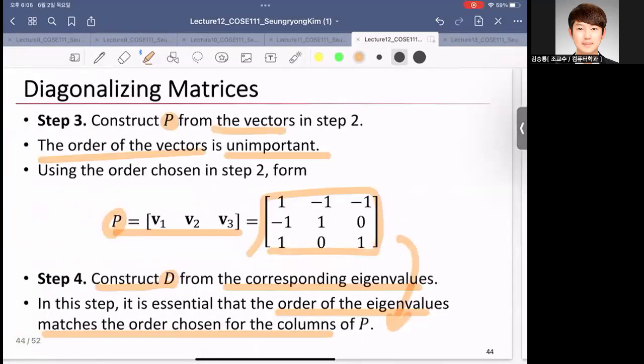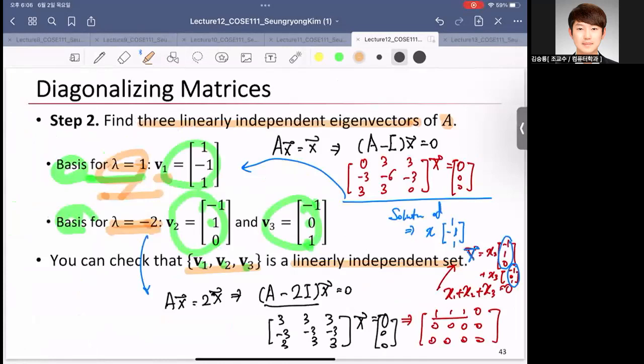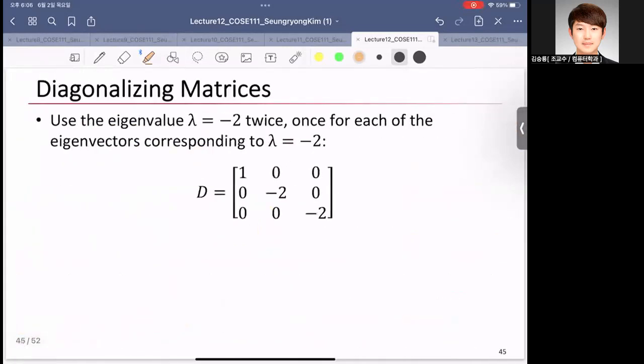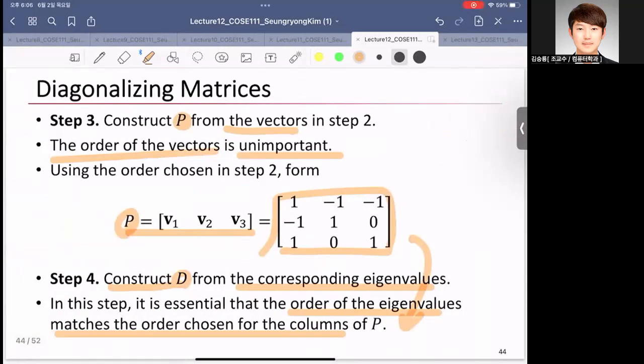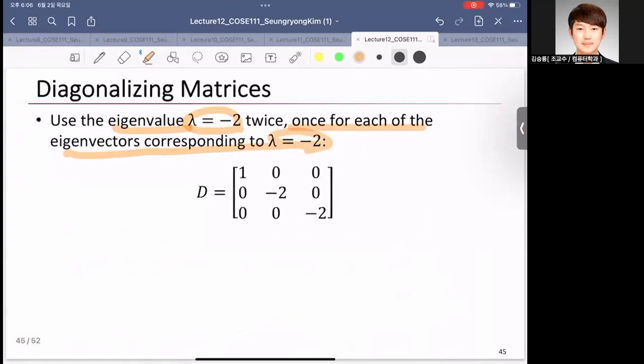We already know eigenvalues 1 and negative 2, but interestingly, we use the eigenvalue lambda equal to negative 2 twice, once for each of the eigenvectors corresponding to it, because these two eigenvectors have the same corresponding eigenvalue, so it's going to be 1, negative 2, negative 2.